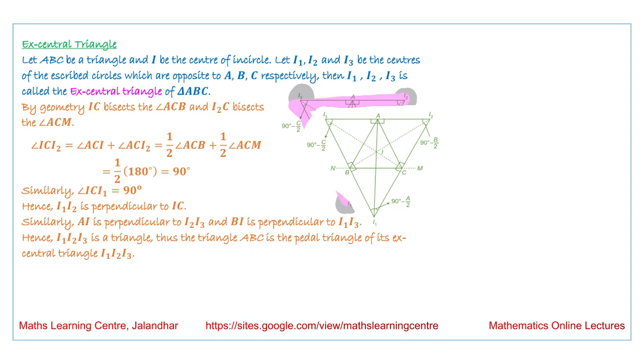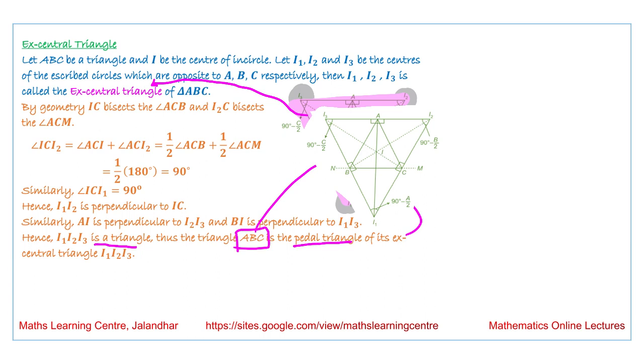Then this triangle is called the excentral triangle. And the result that we have proved over here is that I1, I2, I3 is a triangle, and thus the triangle ABC is the pedal triangle of this excentral triangle I1, I2, I3.